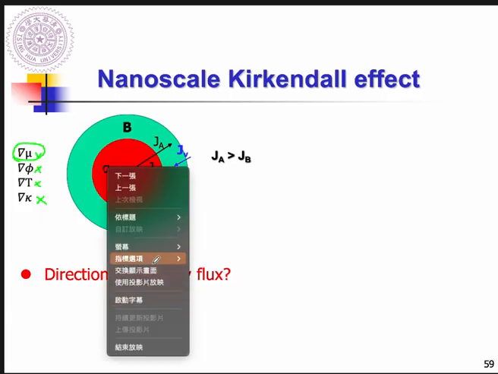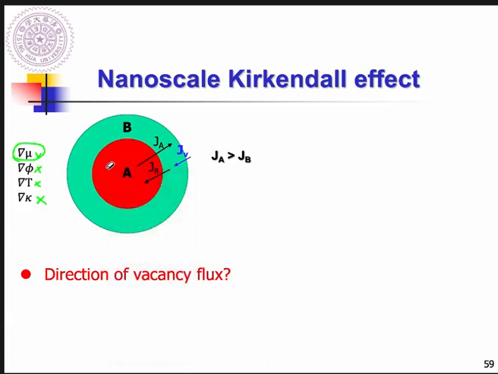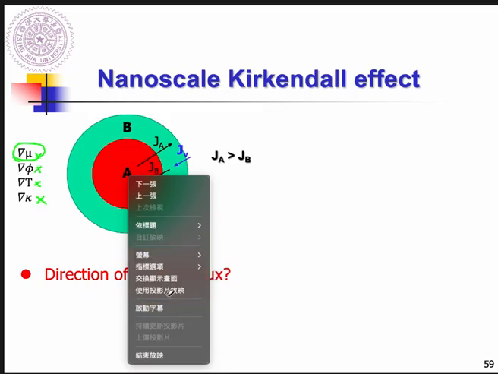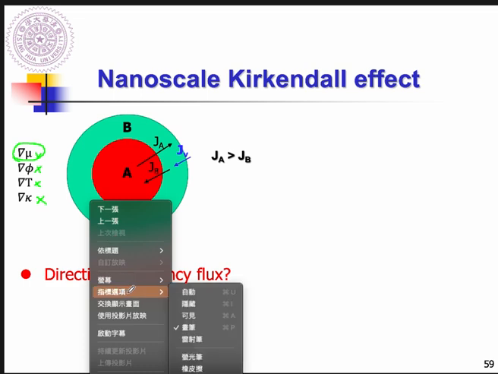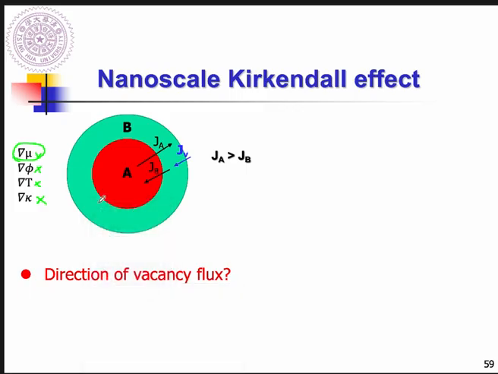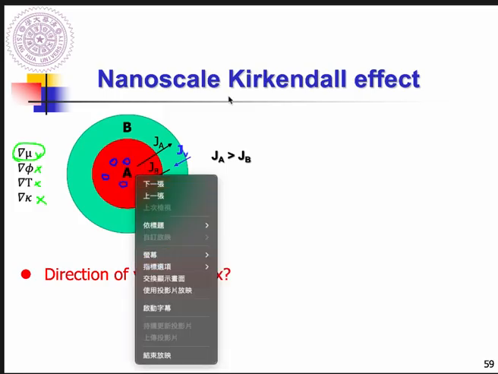I will observe some vacancies. As long as you have lots of vacancies, they will probably accumulate together to form some voids in material A. This is what we call the Kirkendall effect, but happening in a nanoscale particle, so we call it the nanoscale Kirkendall effect.